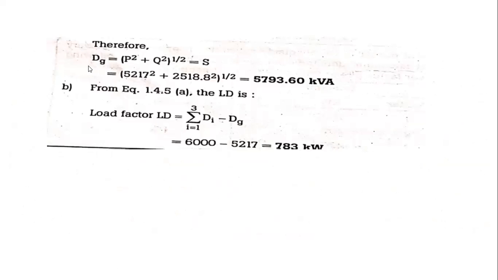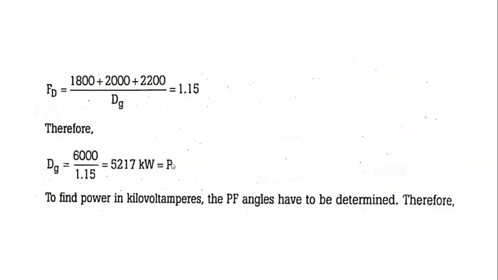Next we calculate DG, which is equal to the square root of P square plus Q square. That is equal to S. Therefore S is equal to P. What is that P value? P is equal to the DG value. DG is equal to total kilowatts by diversity factor.